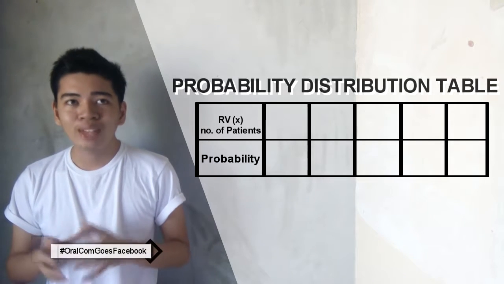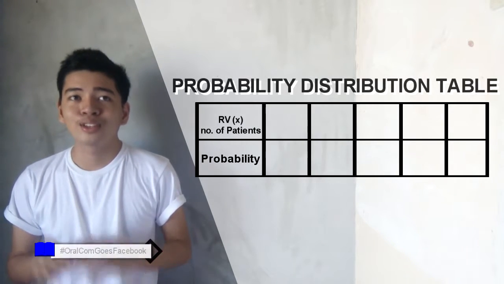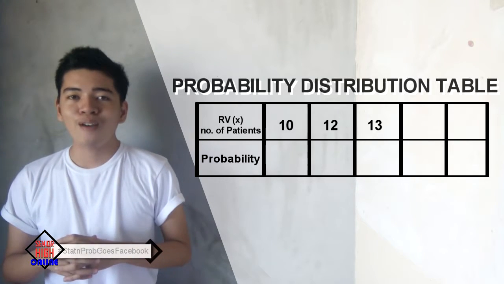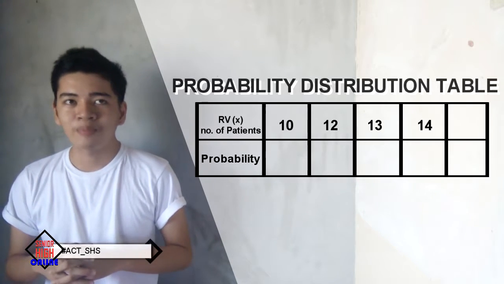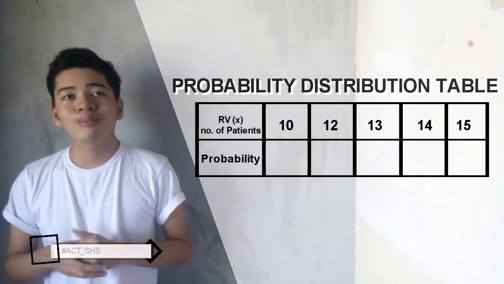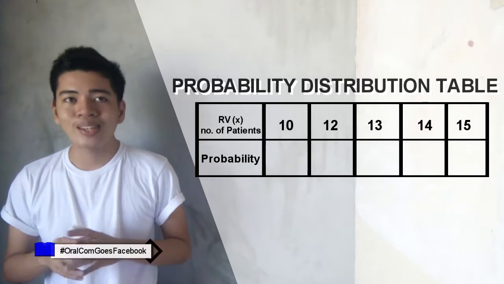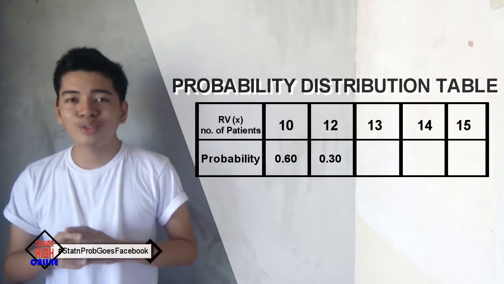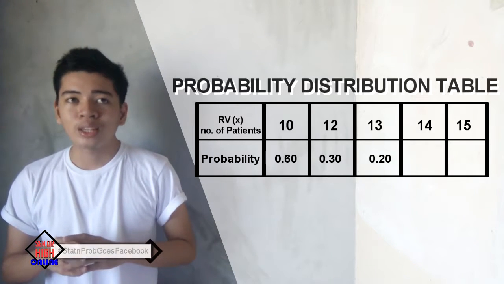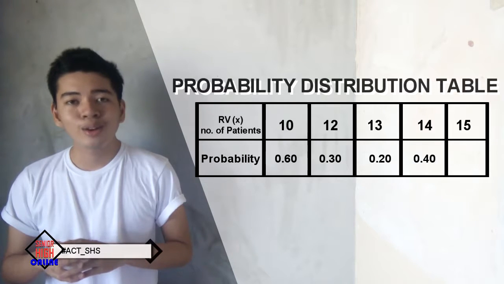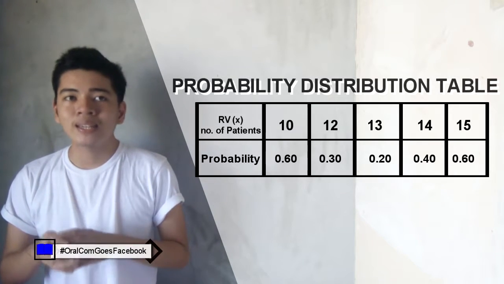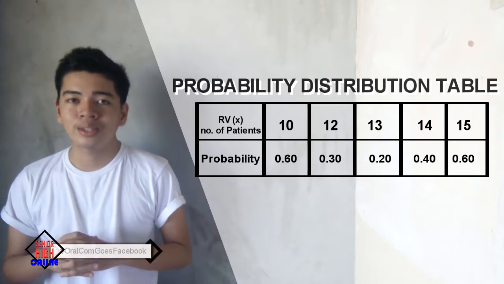For the random variable x, number of patients, just copy the given 10, 12, 13, 14, and 15. And its corresponding probability, 0.60 for 10 patients, 0.30 for 12 patients, 0.20 for 13 patients, 0.40 for 14 patients, and 0.60 for 15 patients.